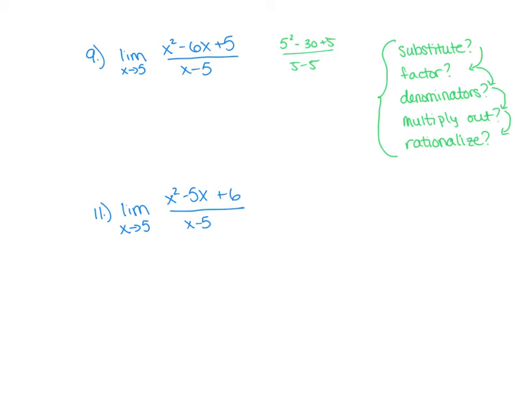The first thing that we try after substitute is we try to factor the problem. That's always going to be the most straightforward approach after just directly substituting in the number. So I factor this. This one factors pretty well. I have x minus 5 times x minus 1.